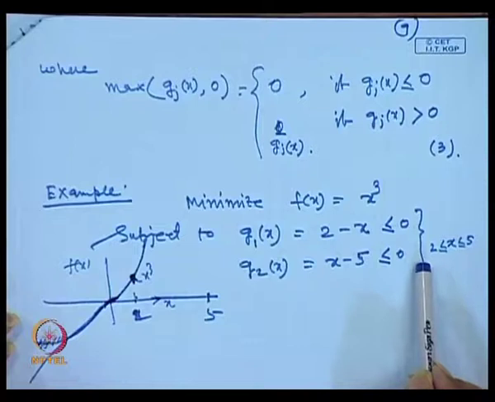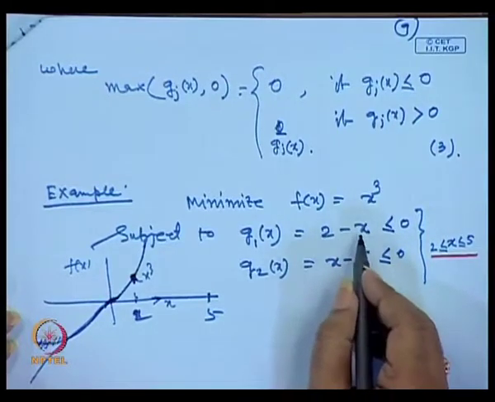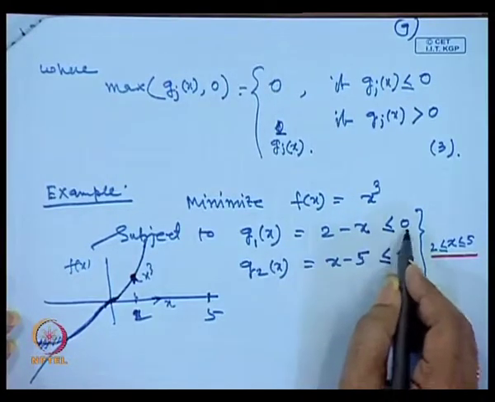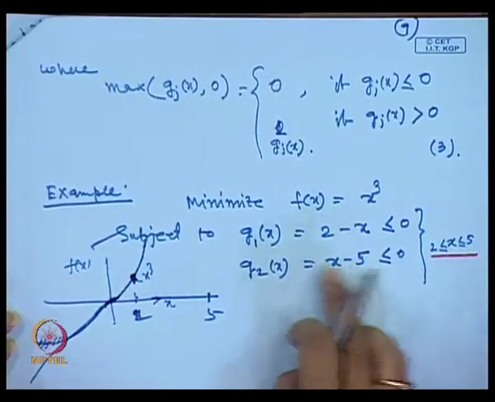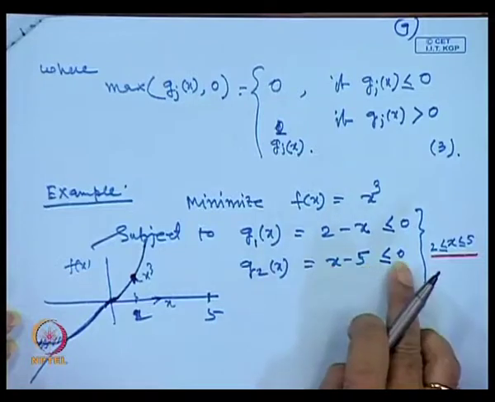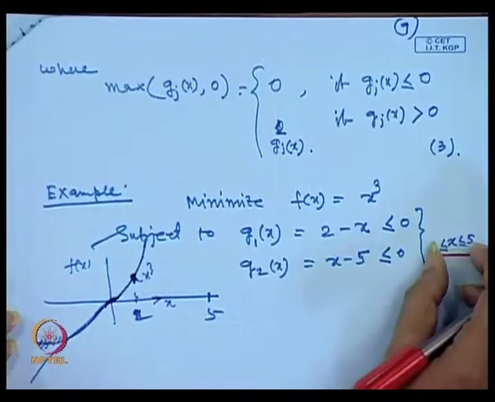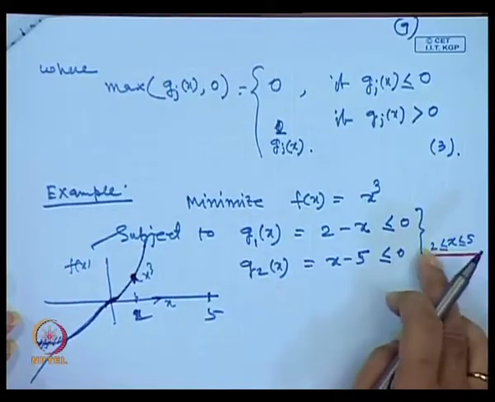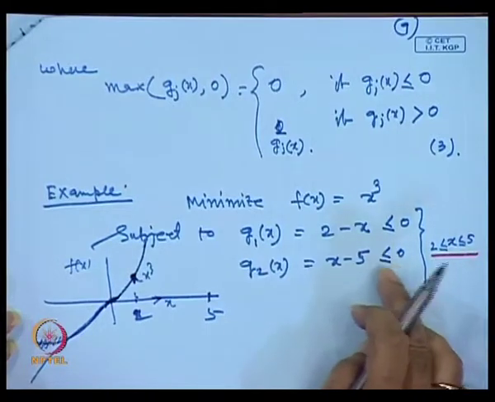Multiplying both sides by minus 1, we get minus 2 plus x greater than or equal to 0, so x is greater than 2. From the other, x is less than 5. These two constraints are equivalent to this: 2 minus x less than or equal to 0, and x minus 5 less than or equal to 0.